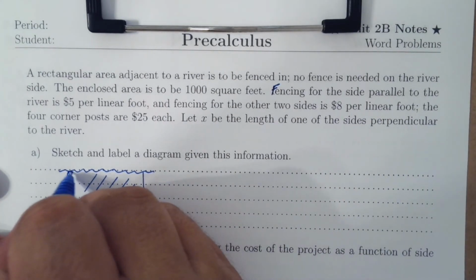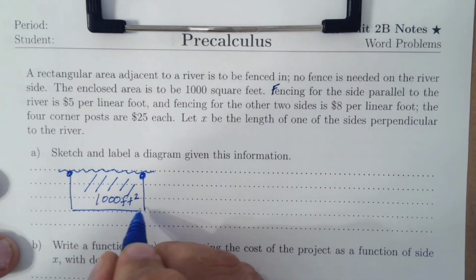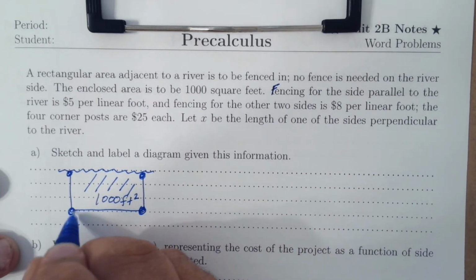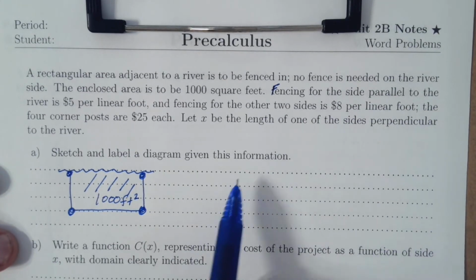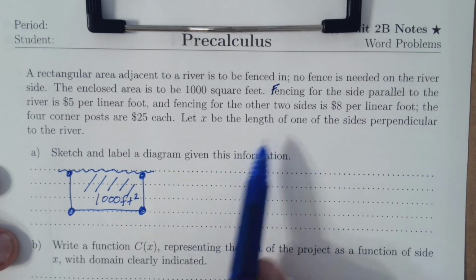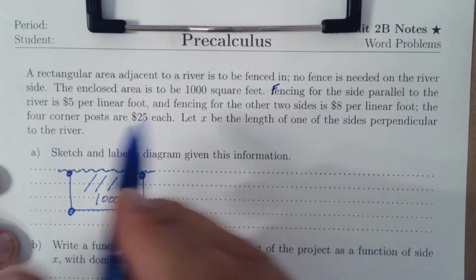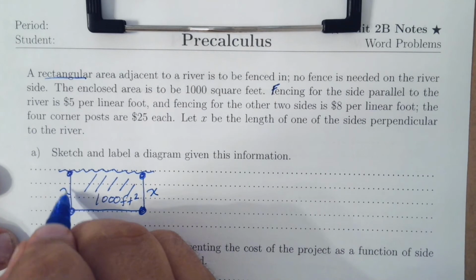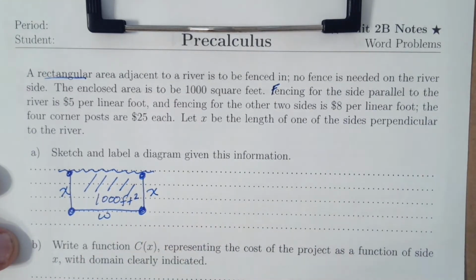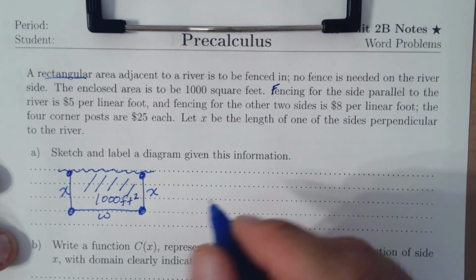I know that I'm going to have four corner posts, right? So I can set up my corner posts, and I am told that X is the length of one of the sides perpendicular to the river, right? And we're told that this is rectangular, so we'll call this side X, we'll call that side X, and we might call that W for the width.